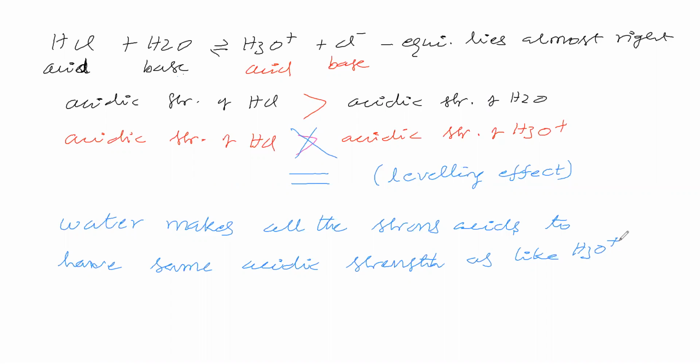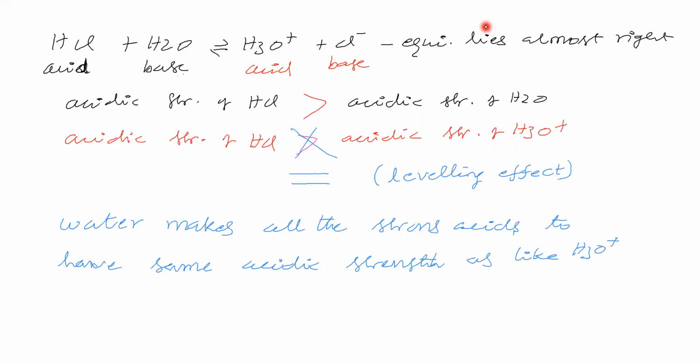Therefore, acidic strength of HCl is equal to acidic strength of H3O plus, because of the leveling effect. Leveling effect is possible for strong acids only.